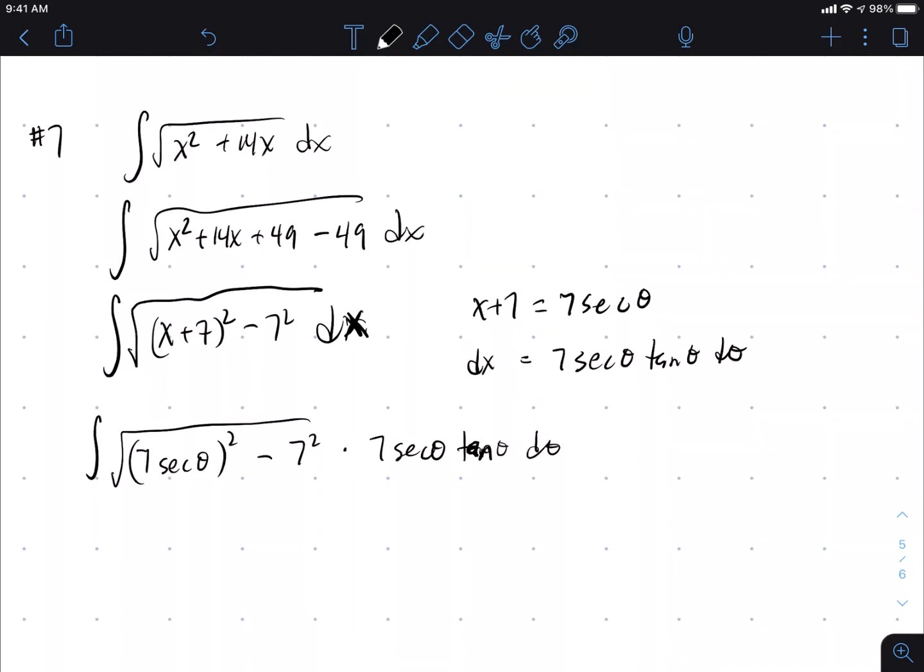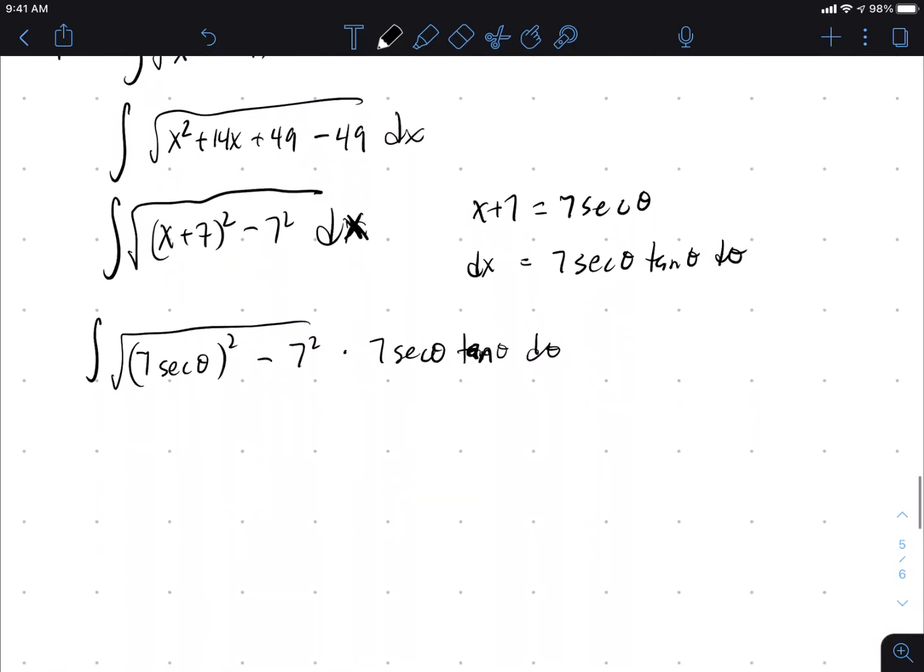Do we agree? Yes. Okay. So then this rooted thing here, doesn't that become 7 tangent theta?